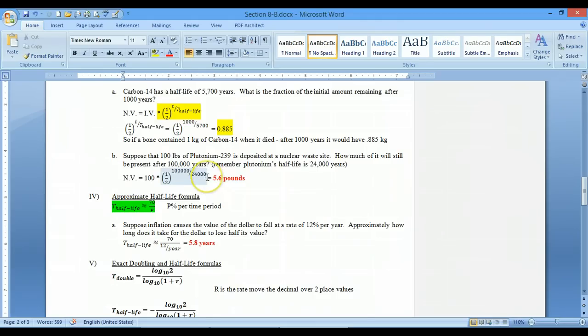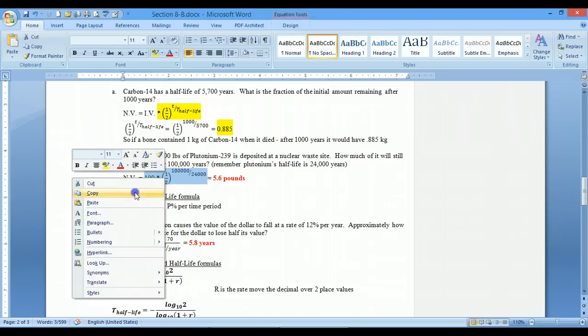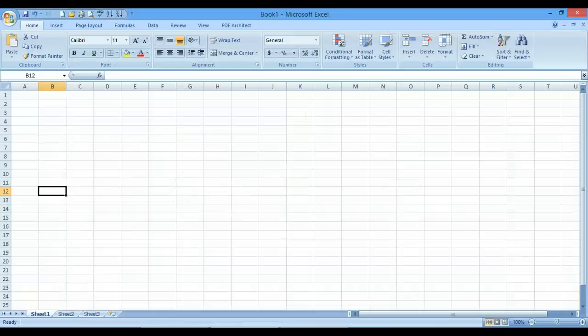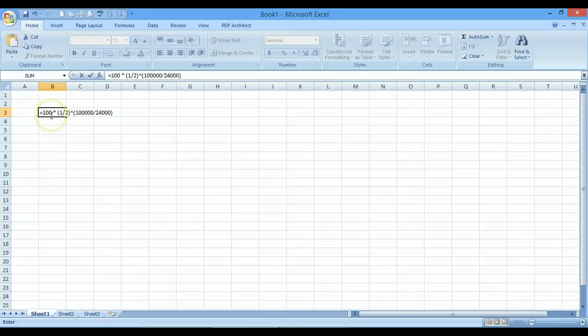Typing this into your calculator or into Excel, and since I haven't done it this time, let's go ahead and just copy and paste to show you that we can still use Excel as a calculator. Equals, Control V to paste. Let's see if we have any extra stuff. I'm going to take out these spaces just because I have my 1/2 raised.